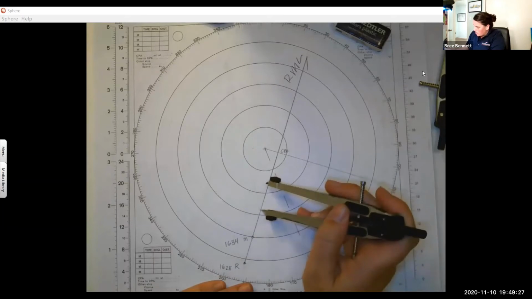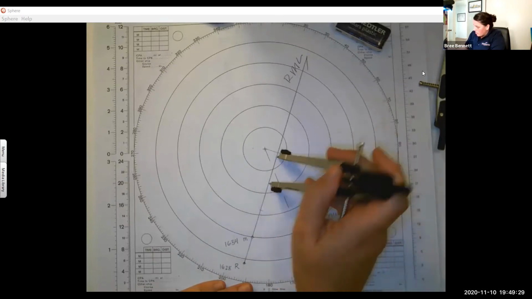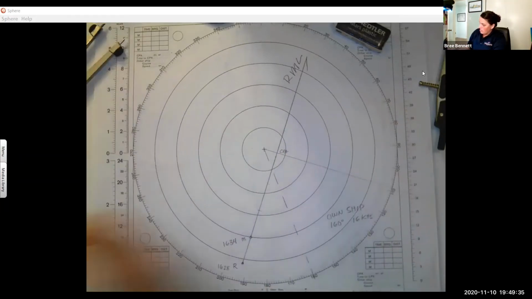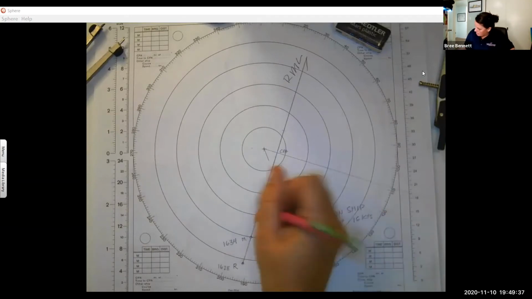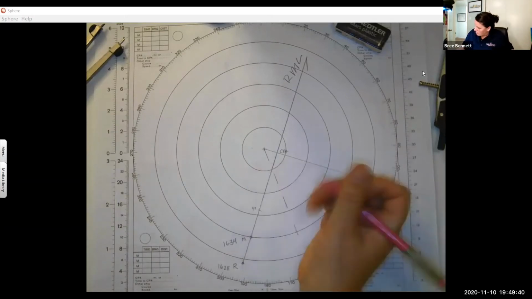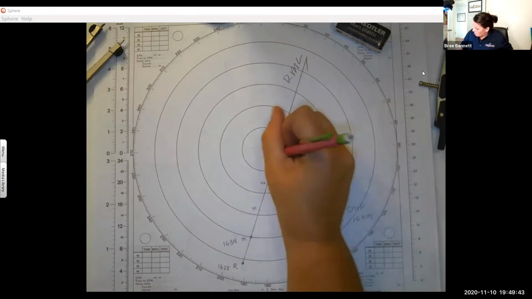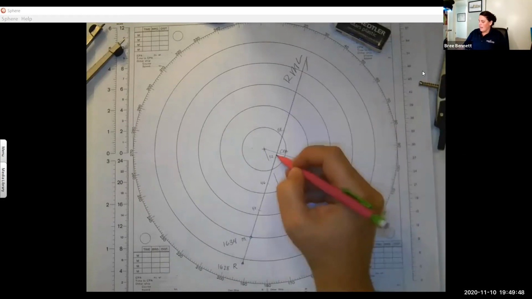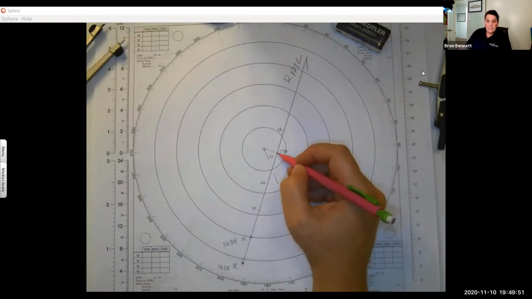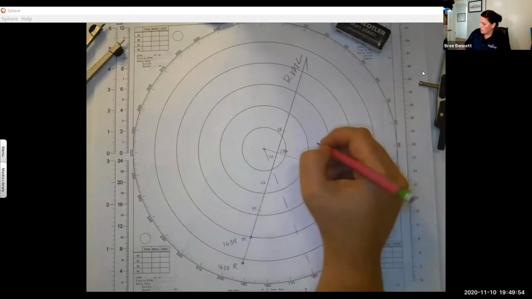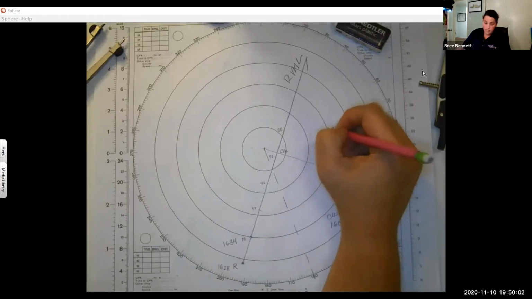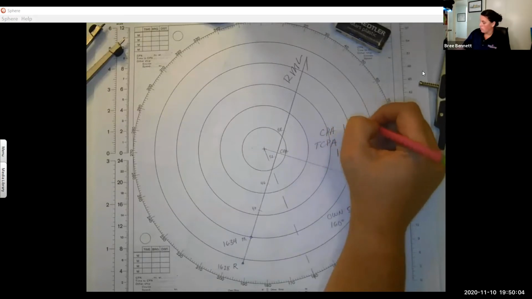Another 6 minutes. Okay, so we'll write this out. 34 plus 6 gives us 40, 46, 52, and 58. So I would say maybe 53, 1653 would be our TCPA. That's 1653. Our CPA was 1.2 nautical miles.